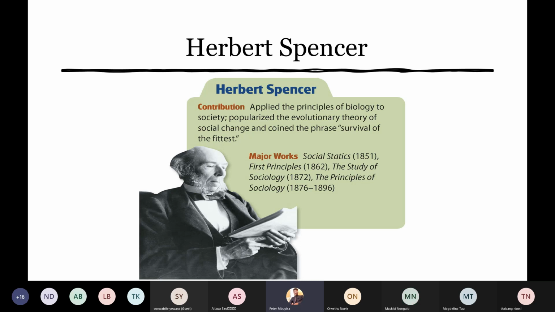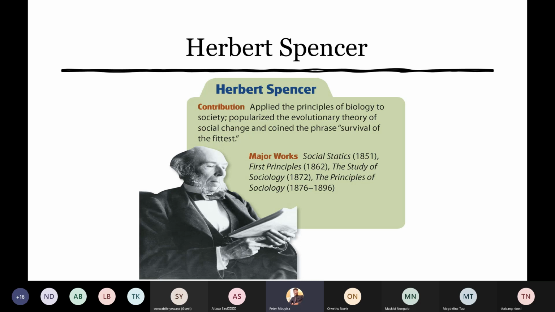He referred to Darwin's theories of evolution and looked at how they assist us in understanding the structuralization of society. If you did biology, you might have heard the statement "survival of the fittest." This phrase was made by Herbert Spencer. It wasn't made by Charles Darwin.